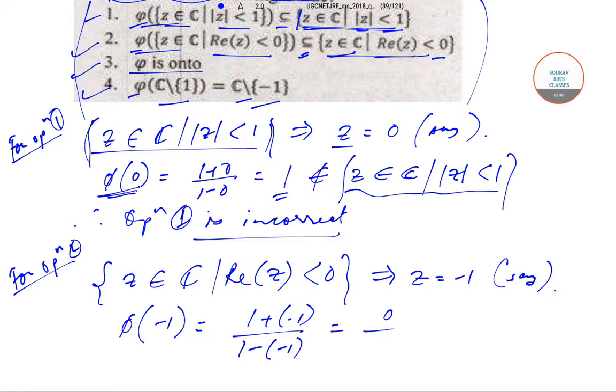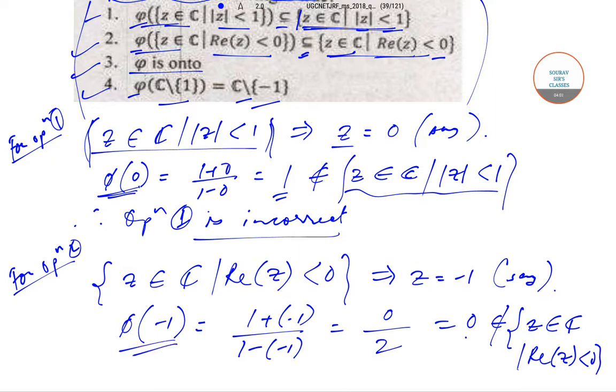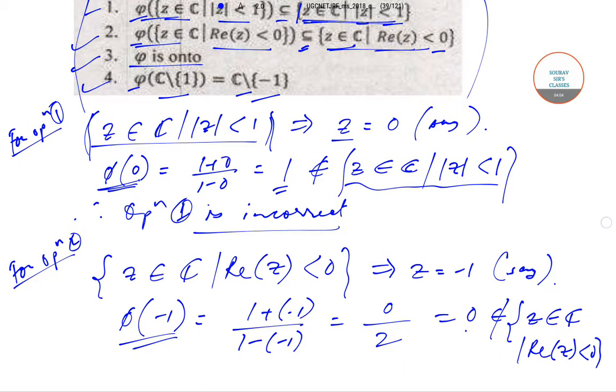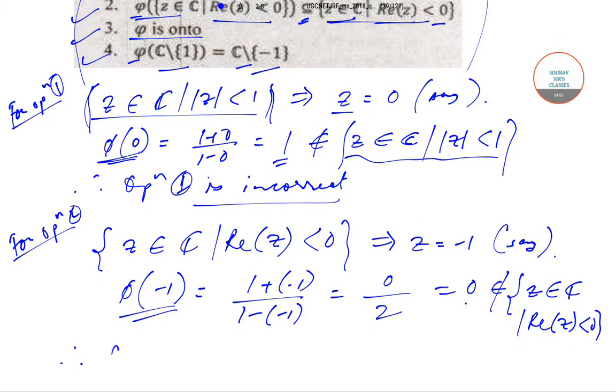So this will be 0 by 2, which is equal to 0, and this very value of 0 does not belong to the set z which belongs to C and is such that the real part of z is less than 0. Here the real part of phi of minus 1 is equal to 0. So therefore option 2 is also incorrect.